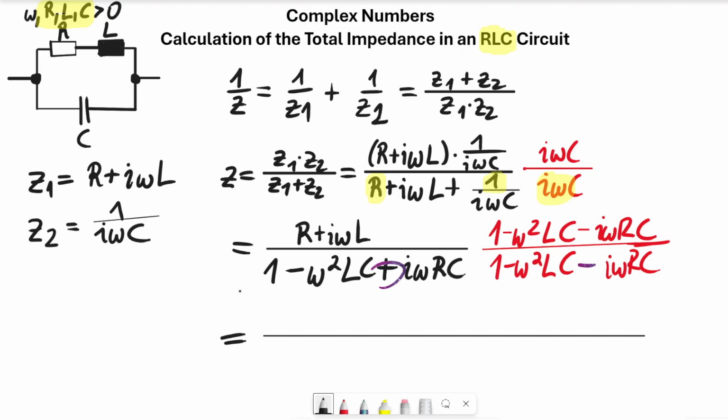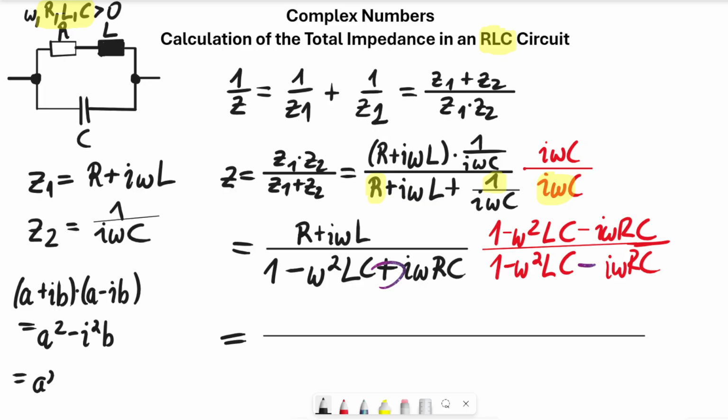For the denominator, you might remember a trick which I write here on the left side. You have a complex number a plus I b times a minus I b. What is that? Open brackets. So we have a squared minus I squared b squared by the binomial formula, and I squared is minus 1. So you end up with a squared plus b squared. This would be great if you remember this, because you can save a lot of time.